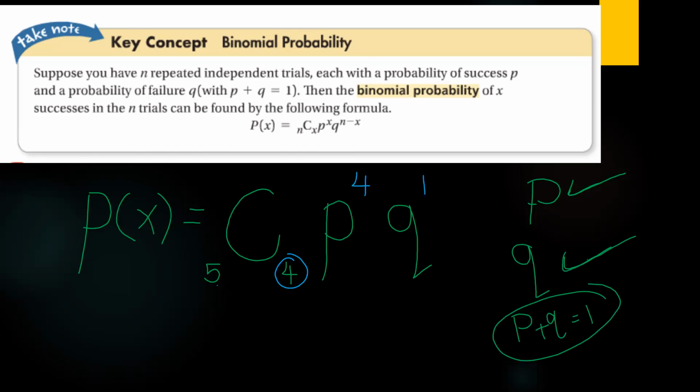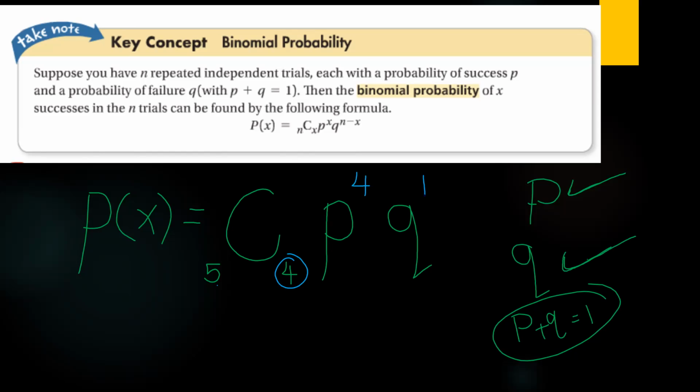So the binomial probability P of x is the combination of x from n times the probability to the power x times the q to the power n minus x. How to find it?